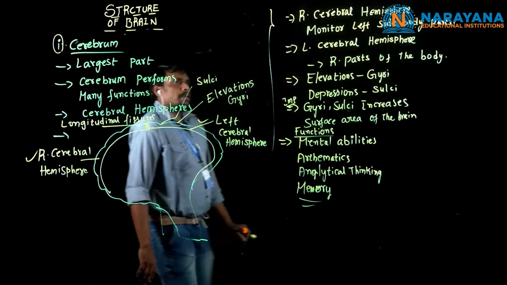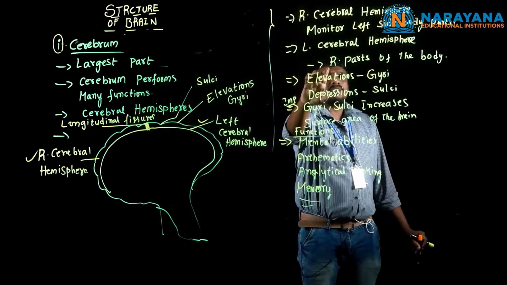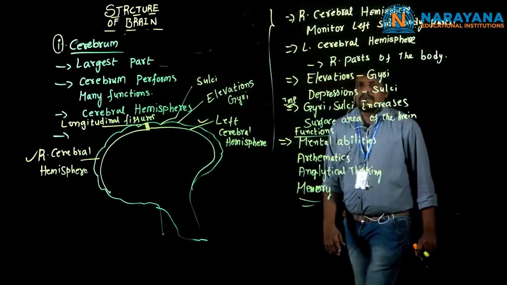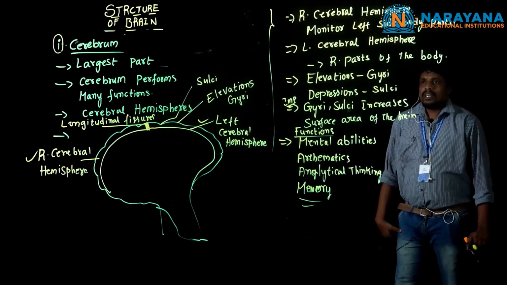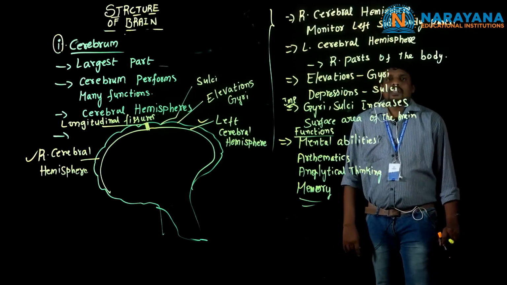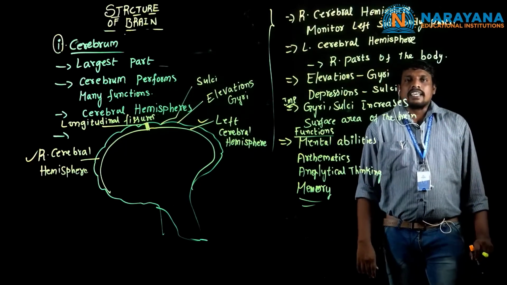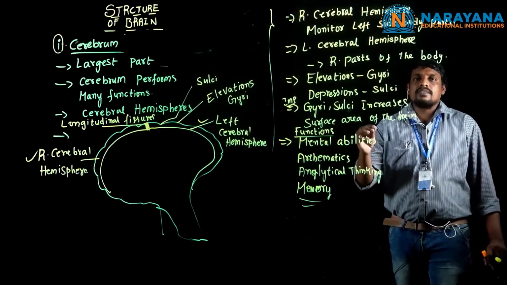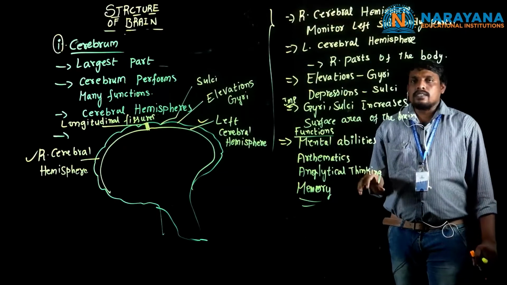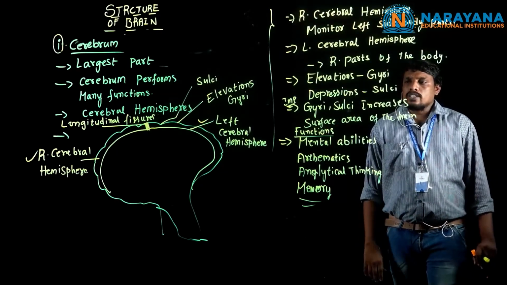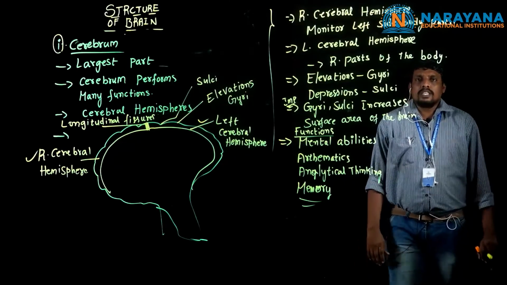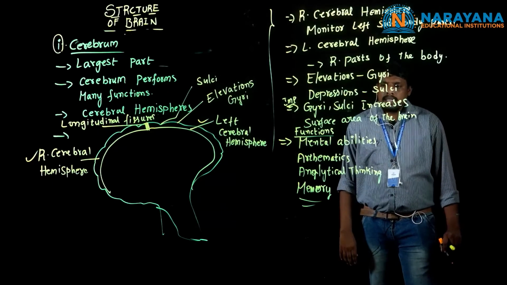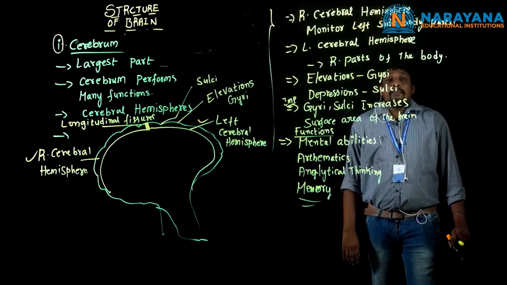Clear? There are many elevations and depressions seen on the surface of cerebrum. Elevations are called gyri, whereas depressions are called sulci. Gyri and sulci increase the surface area of the cerebrum. Functions of cerebrum include mental abilities, arithmetics, analytical thinking, memory, and perception.